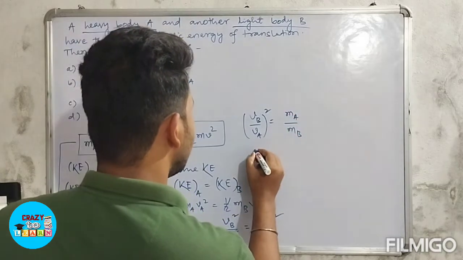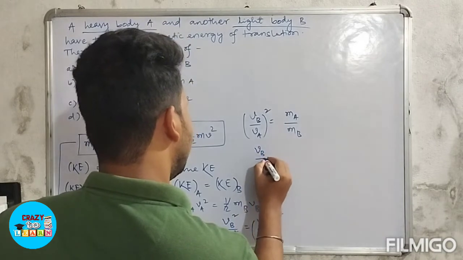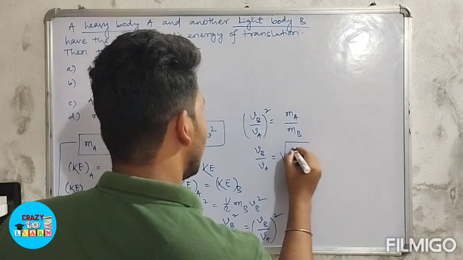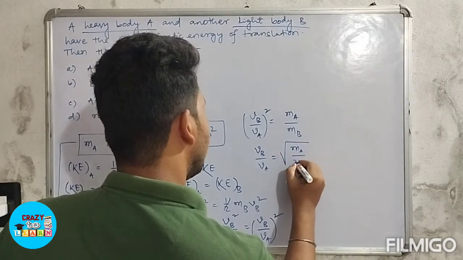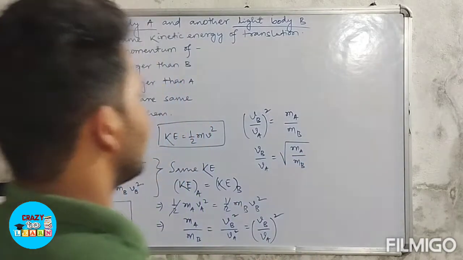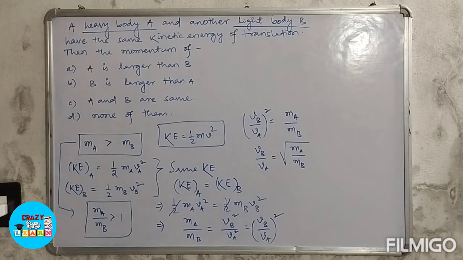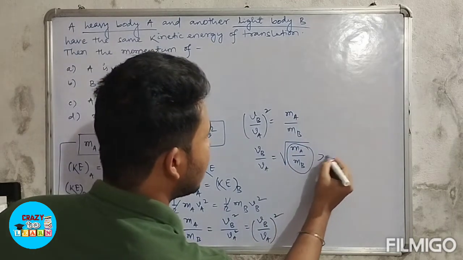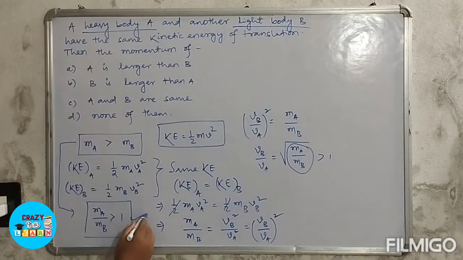So VB by VA is equal to square root of MA by MB. As we know, MA by MB is greater than 1.